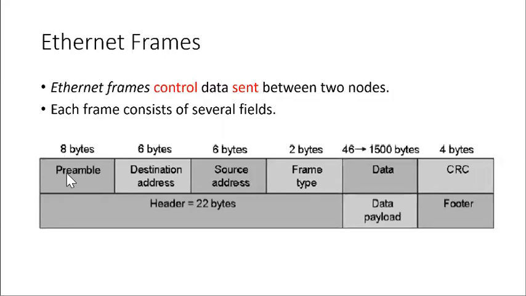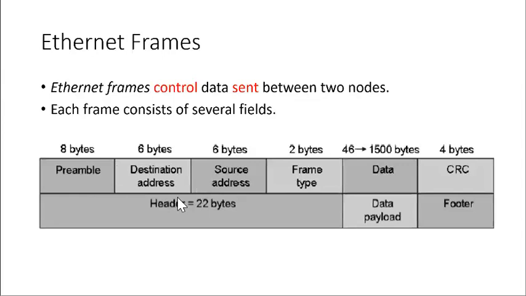The first 7 bytes represent the start of the frame. Whenever the networking device sees this preamble, it knows that this is the start of a frame and that some data will follow. Then the last 1 byte is called the start of frame delimiter.